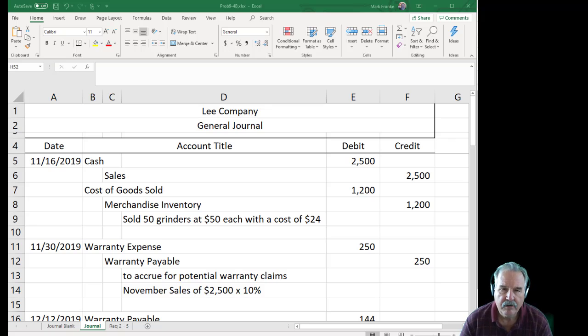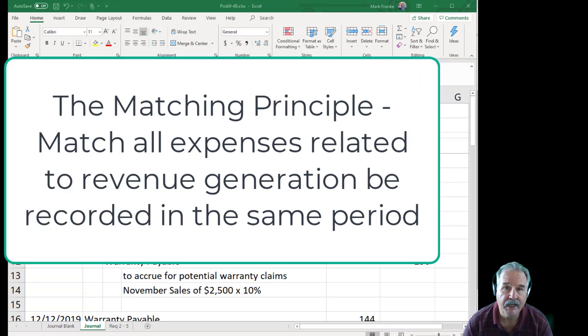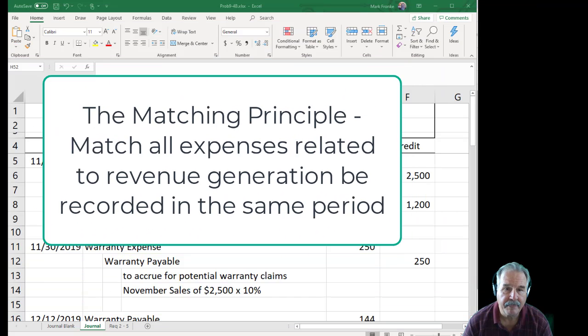So here's the issue with warranty. If we make a product, or even if we buy a product, but if we're going to warranty the product to our customer, we want to make sure that we provide a liability for the cost associated with providing that liability.